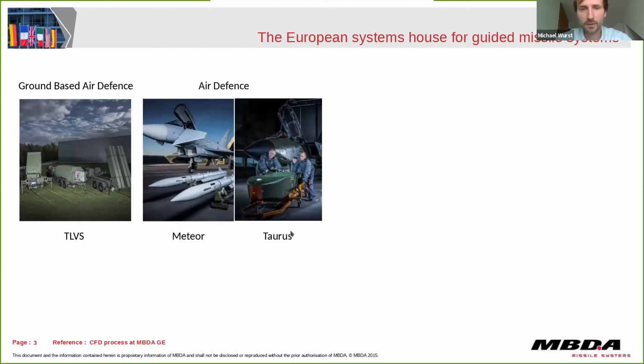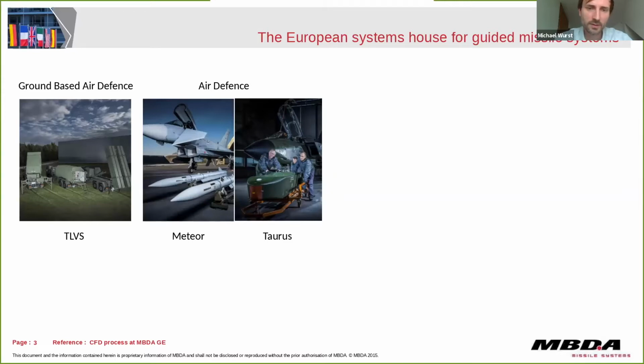Here we have a cruise missile, the Taurus, which is in service in the German Air Force and other air forces in the world also. And then there's the Meteor missile, which is an air-to-air missile developed jointly in Europe and is in service in many countries in Europe. The specialty of this Meteor missile is that it is propelled by a ramjet.